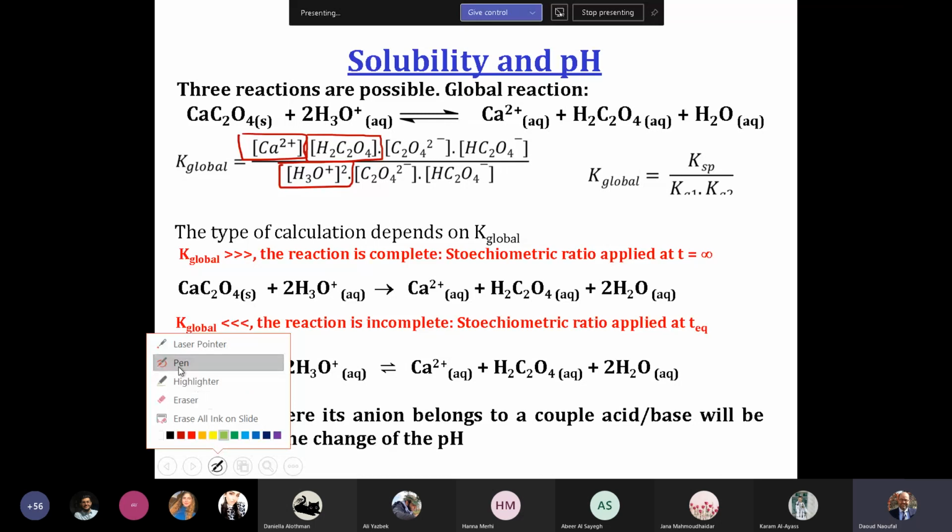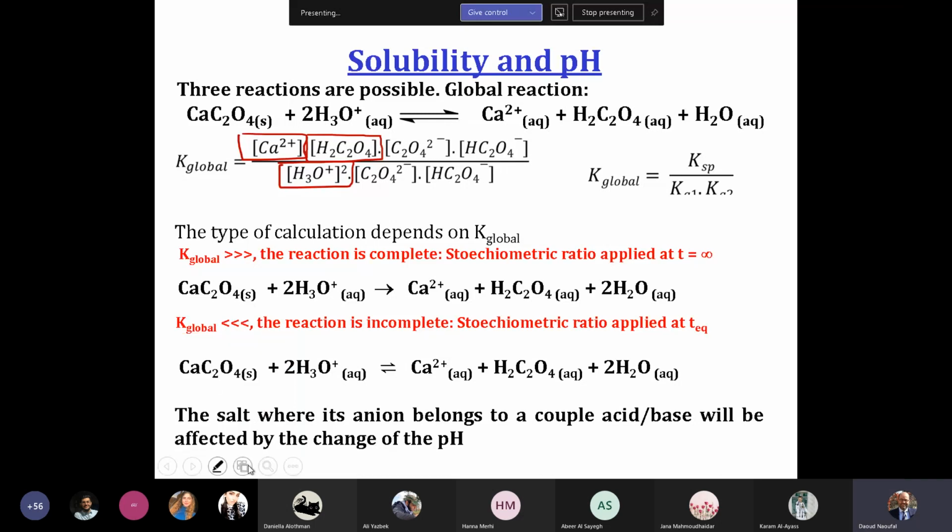I will multiply by C2O4 2- and HC2O4-. Why do I multiply by these concentrations?